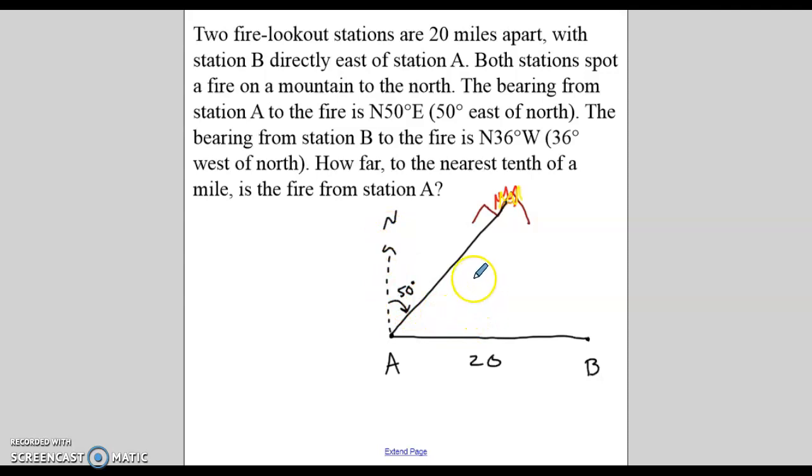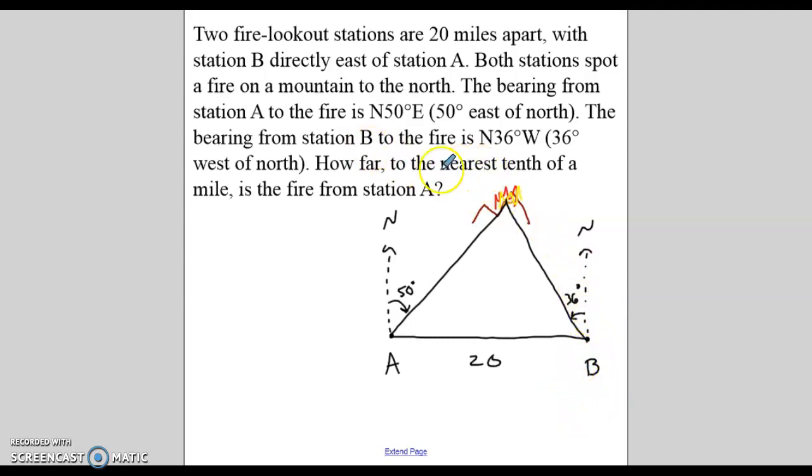And then station B says that they see the fire at a bearing of north 36 degrees west. So you can see this direction would be north, and 36 degrees west of north would be towards the west, which would be this direction, 36 degrees. And that's the information that we have.